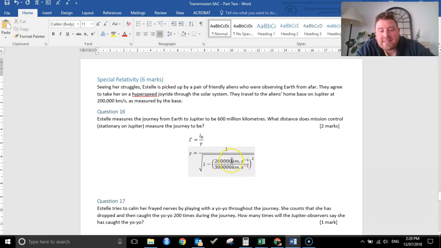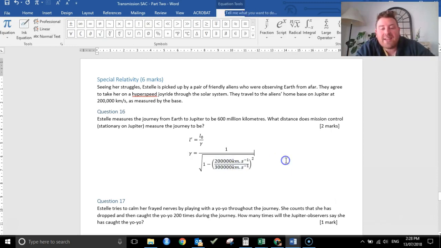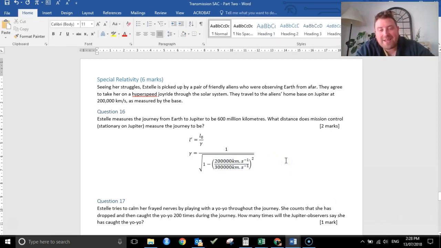This is 200,000 kilometers per second. If you're not working with units in your calculations, then you are costing yourselves marks time and time and time again. Now, this particular SAC didn't punish you very much for it, because there's not quite as many formulas in this SAC, but we saw it once again with this question. People who are not putting units in are shooting themselves in the foot.